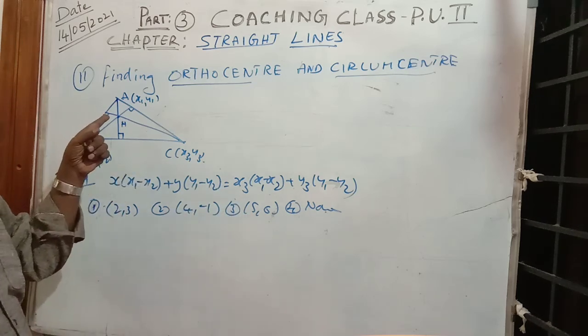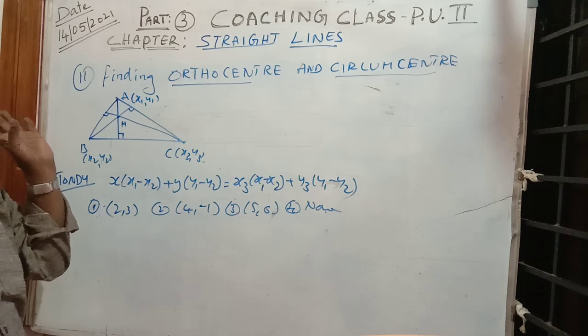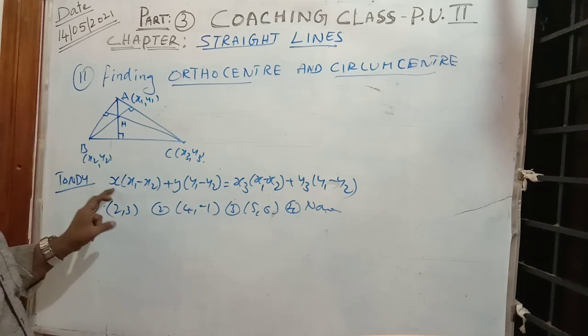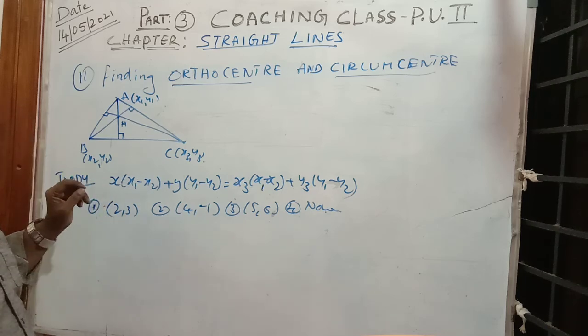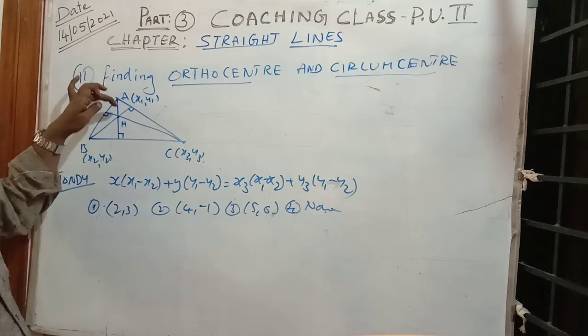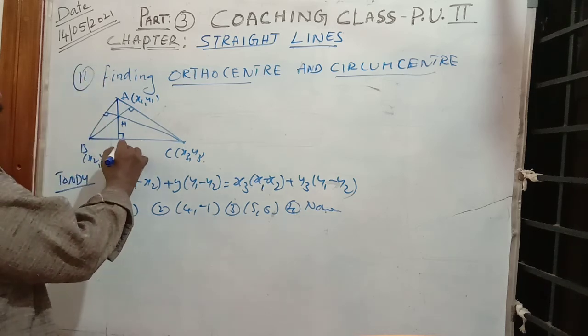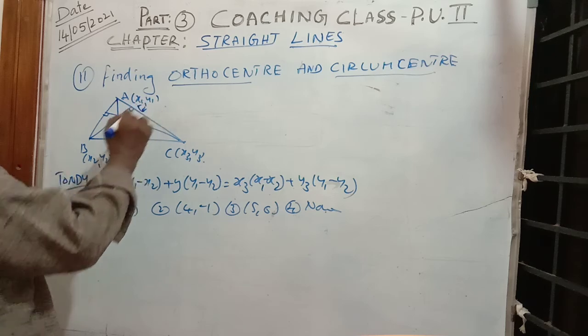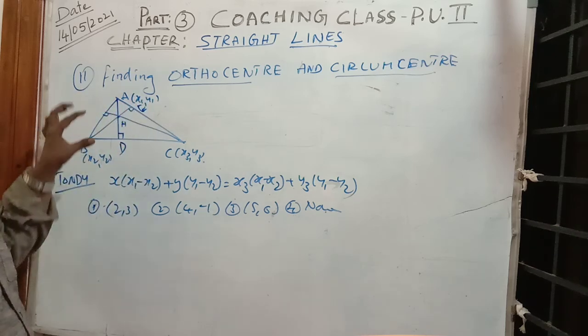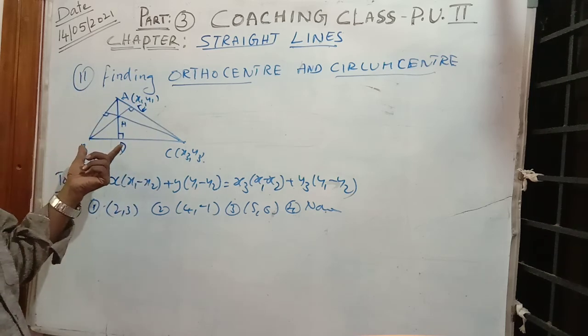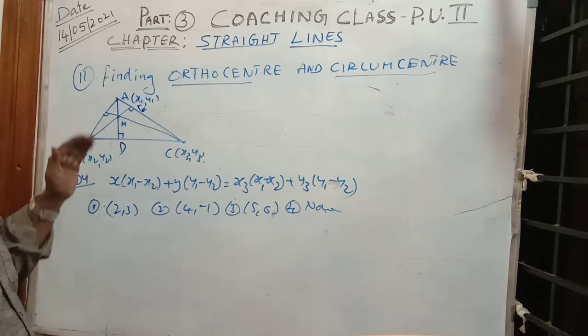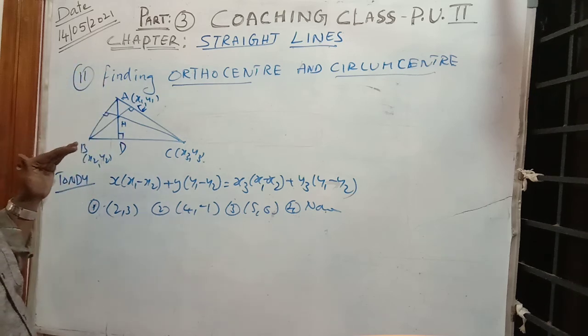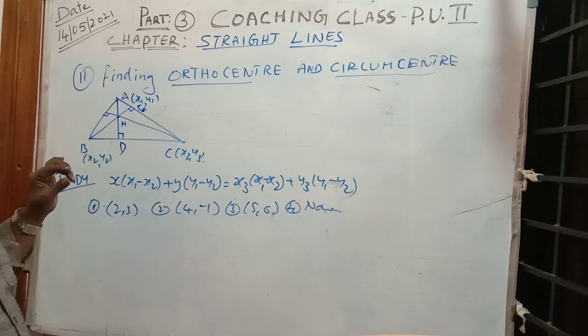That option is the orthocenter. This is a very good concept. Or otherwise, we have to find one altitude AD and another altitude BE, that is, finding the slope of BC, finding the slope of AC, and passing through point A, passing through point B. Like that, we have to find the AD equation.